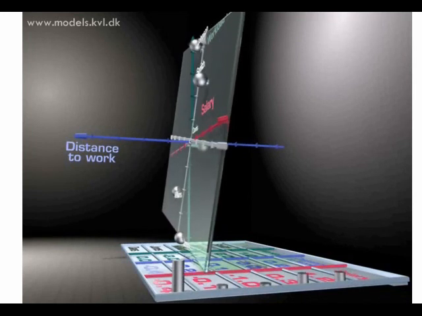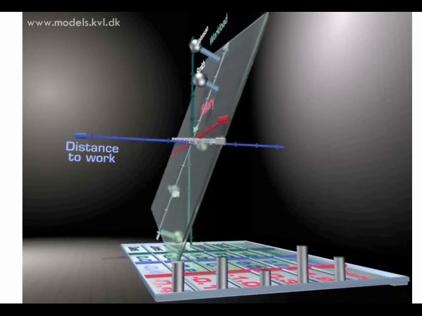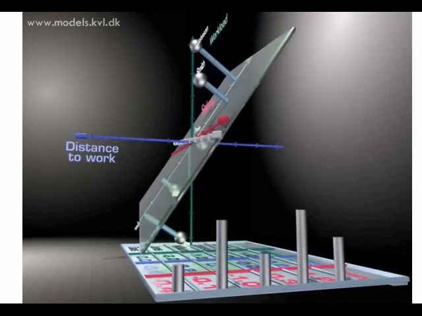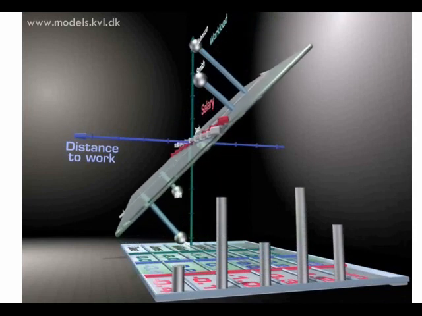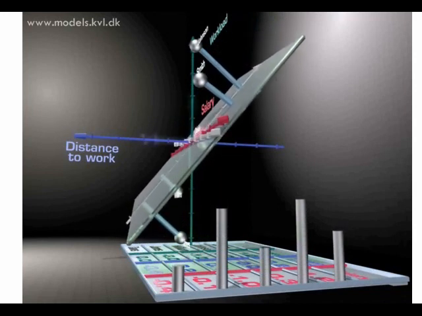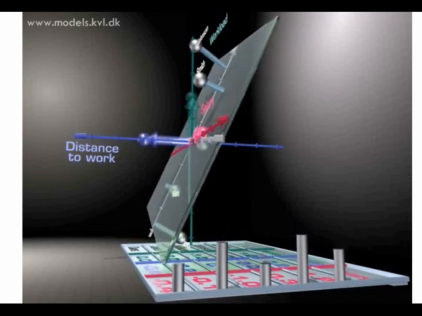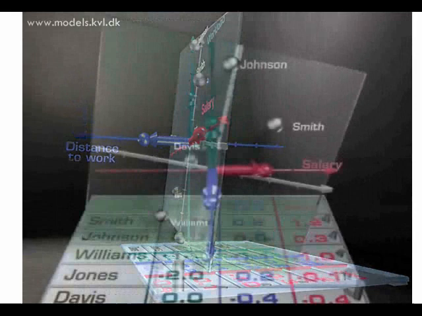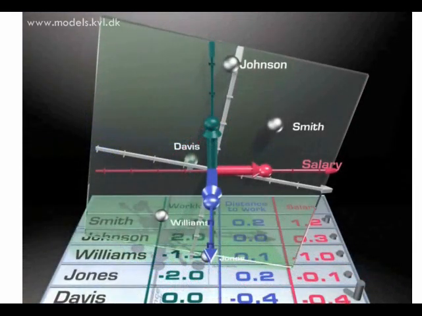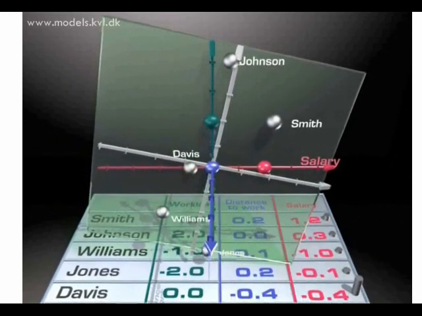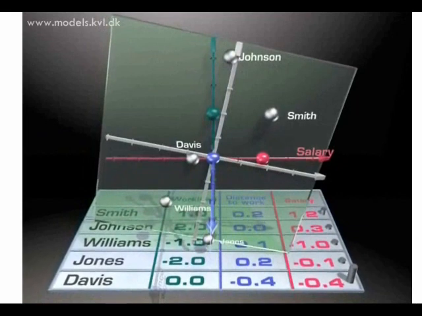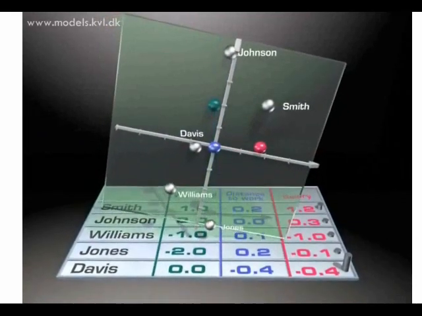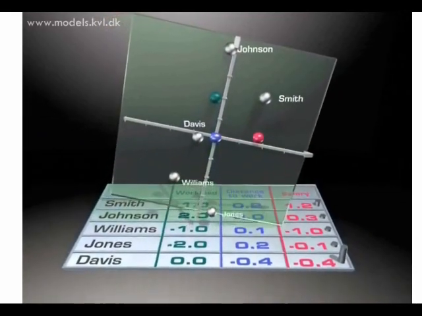The way we determine this plane is in a least square sense, and as you can see, if we had oriented the plane differently, the distance of the points to the plane would have been much larger. So there's a well-defined way of defining such a plane. We can also project the original 3 axes into the plane, and that way we can see how the different directions in the plane are influenced by the different variables. And this is the biplot.